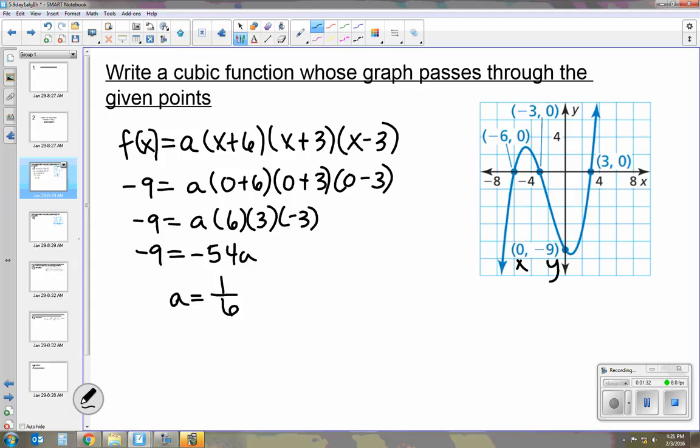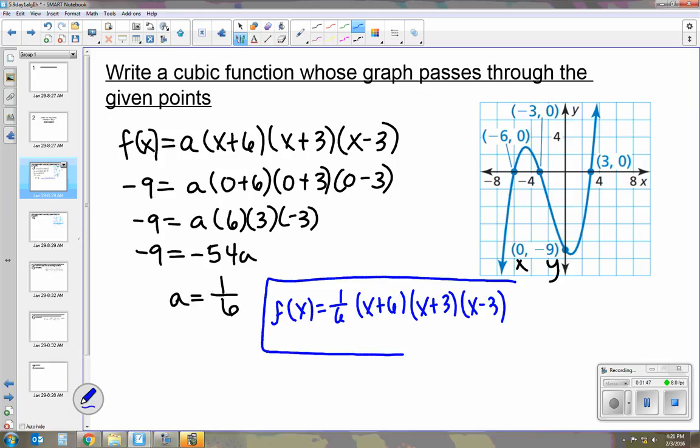Now to write our function, we just say f of x is equal to 1/6 times x plus 6 times x plus 3 times x minus 3. And we have our function written.